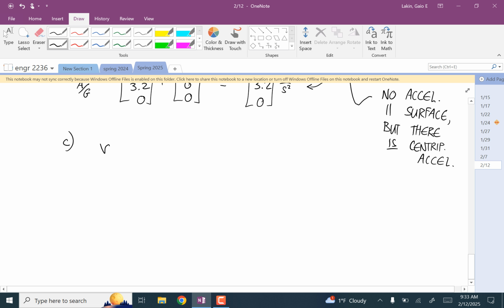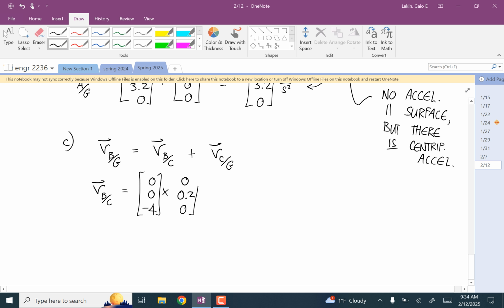The velocity of B relative to the ground is equal to the velocity of B relative to the center plus the velocity of the center relative to the ground. Center relative to the ground is what we know. Circular motion gives us the velocity of B relative to the center. So this is 0, 0, negative 4. And what's the r vector for the point B? From C to B. From C to B. So this time it's going to be 0, positive 0.20.